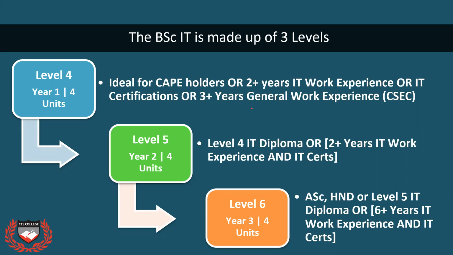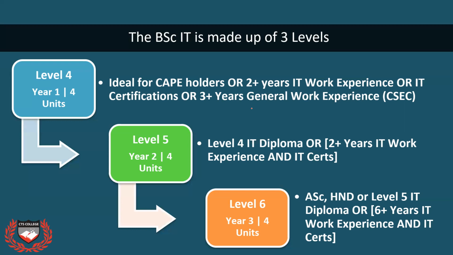At level 5, we expect students to have a higher level of education within IT to enter. So you must have a level 4 IT diploma, or you can have 2 years IT work experience and a combination of IT certs. So it's either the diploma, or IT work experience together with IT certifications.